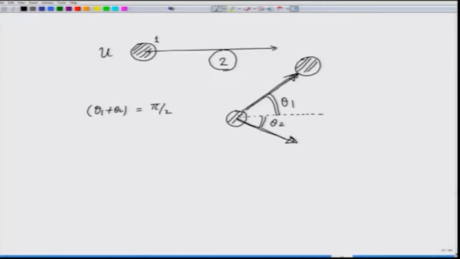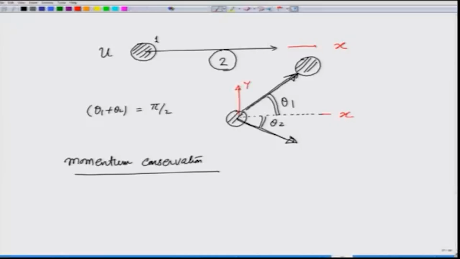What are the equations that we have at our disposal? That's momentum conservation. And for good bookkeeping, I call the initial direction in which the ball was moving the x direction and the perpendicular direction the y direction. Since there is no external force, momentum is conserved, and therefore Px total is same as it was earlier.